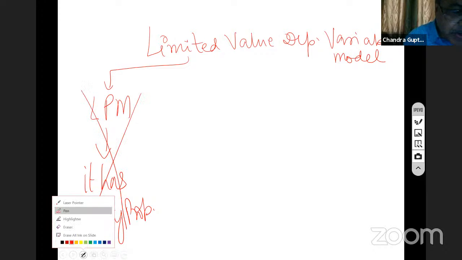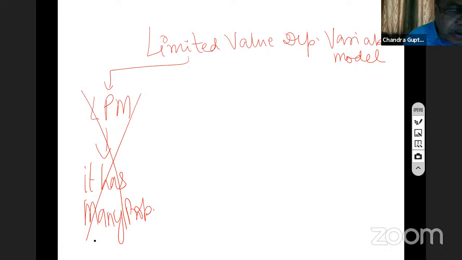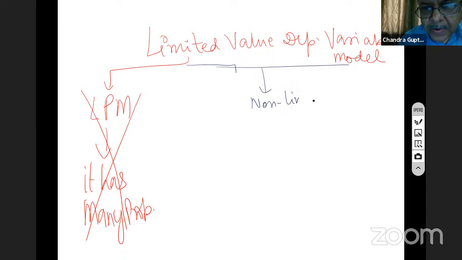So whenever you use the linear probability model, friends, then we talked about nonlinear models, which are based on an S-shaped function.